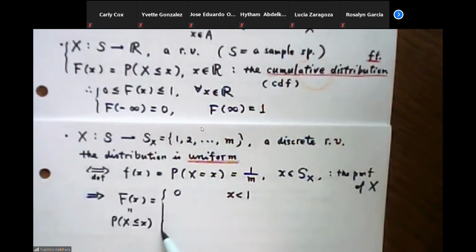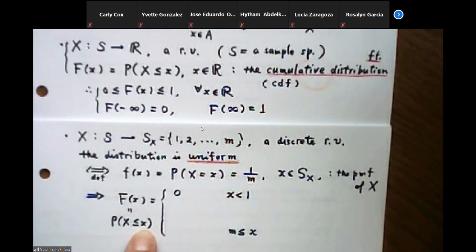What happens if the value x is greater than or equal to m? X takes a value from 1 up to m, and x is greater than or equal to m, so necessarily X is less than or equal to x all the time.